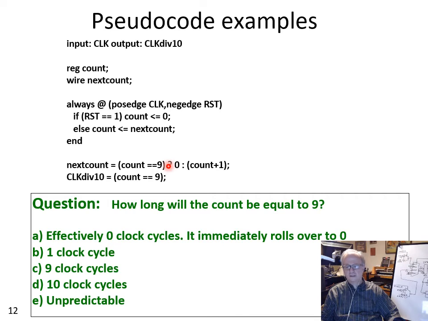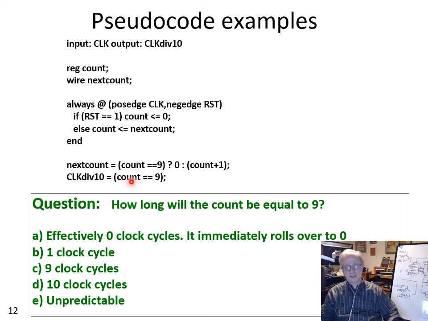Well, a conditional operator really is like a two-way selection as well. It's like an if then else, because if count equals 9, then the output 0, else count plus 1. So this also could map to a two-way mux with 0 and count plus 1 as the inputs to be selected, and count equals 9 providing the control signal for the mux.